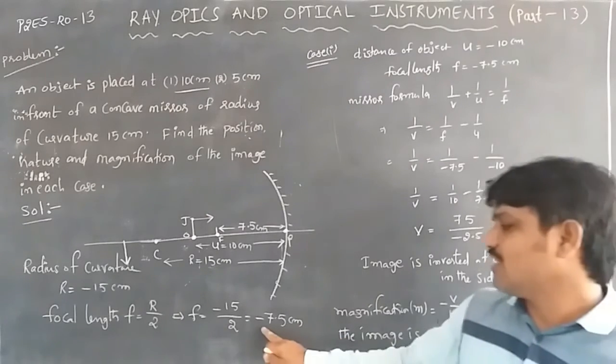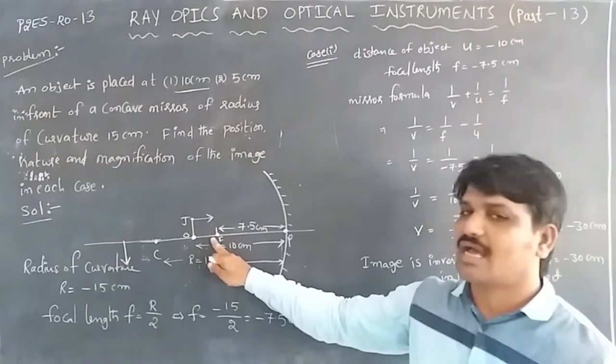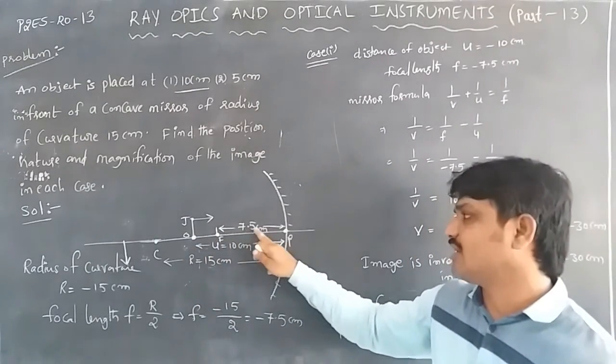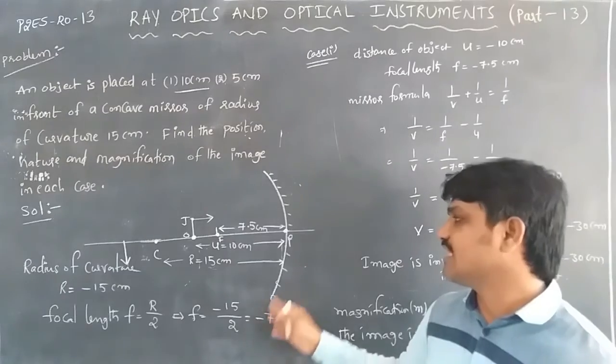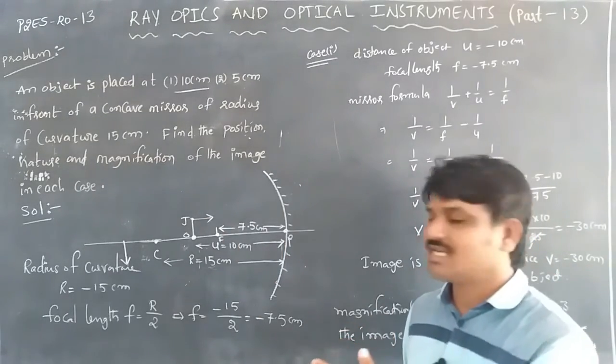The minus symbol indicates that the focus is on the object side, against the incident ray.